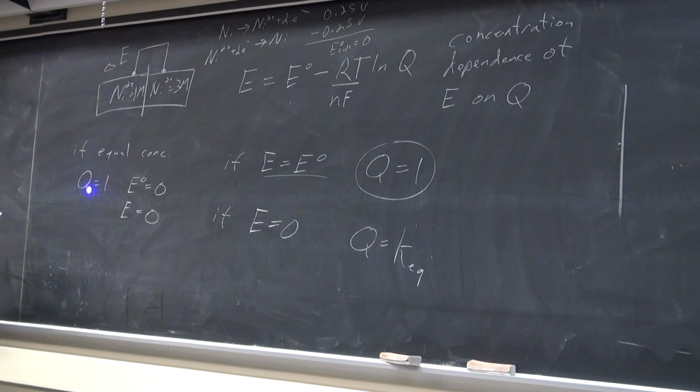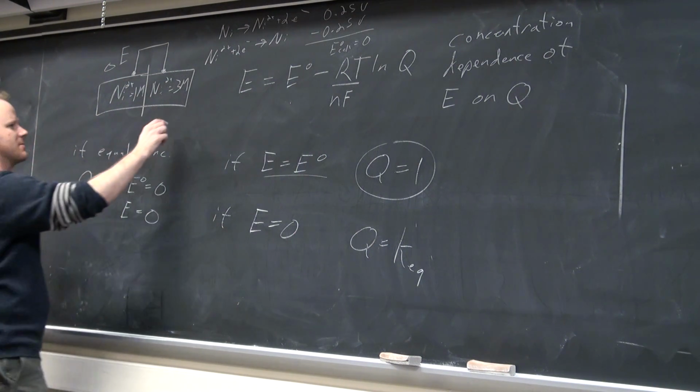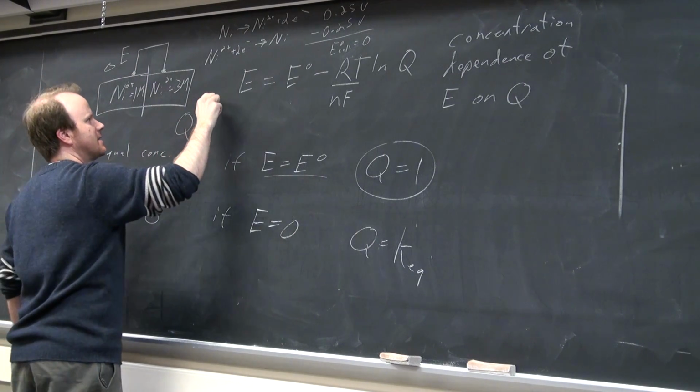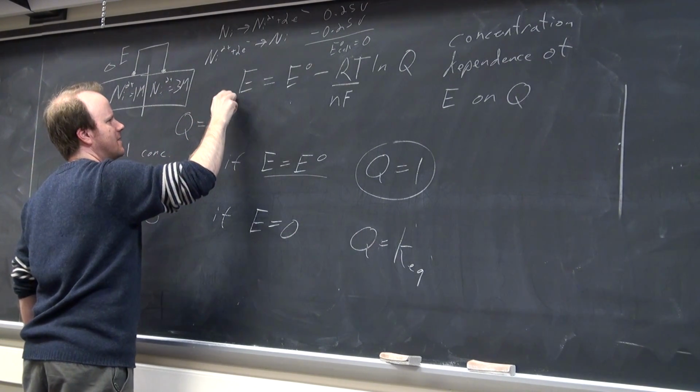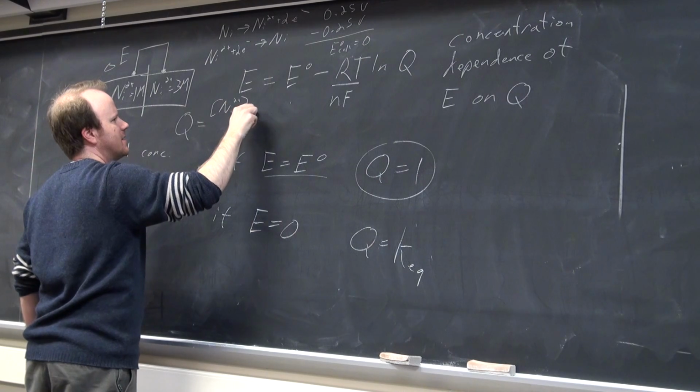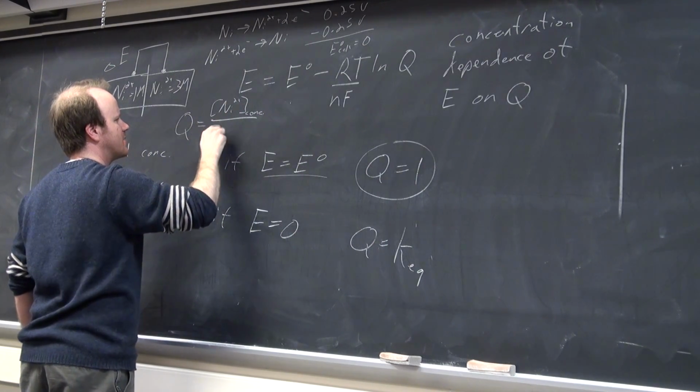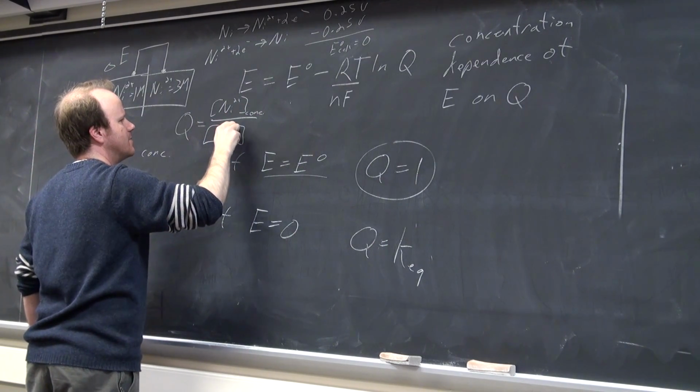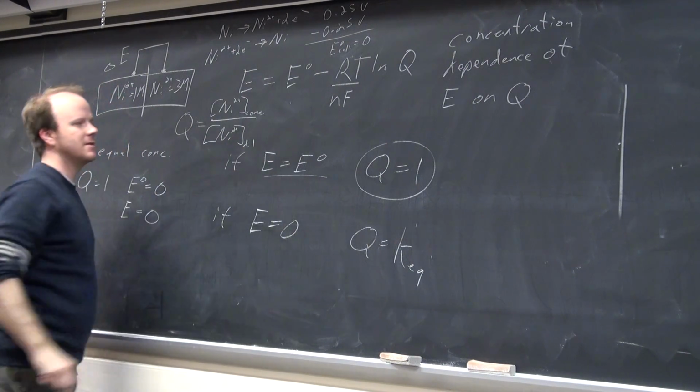And then you just have to figure out this reaction quotient. So the reaction quotient is the concentration of nickel 2 plus concentrated over the concentration of nickel 2 plus dilute.